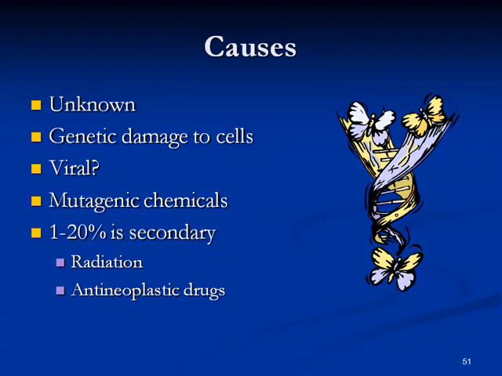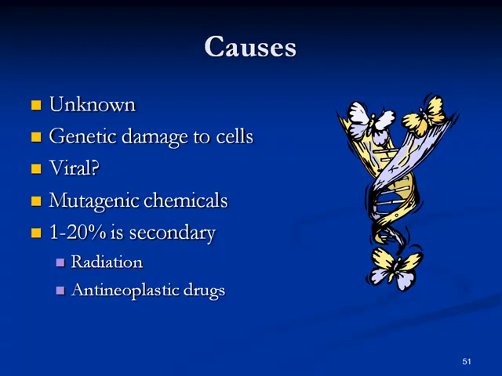So we don't really know what causes leukemia. There's a lot of theories about what happens. Clearly with the CML, there's a genetic link there, but there may be other genetic characteristics as well. Viral, we talked last time or a time or two ago about the Epstein-Barr virus and how connected it is with a lot of things.